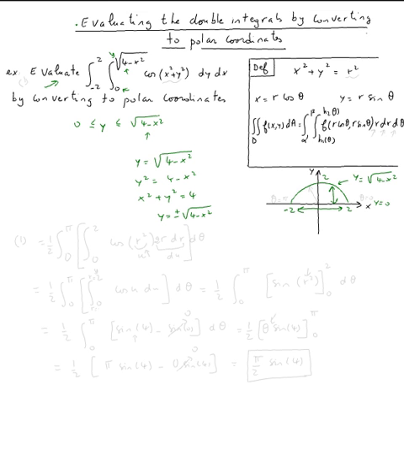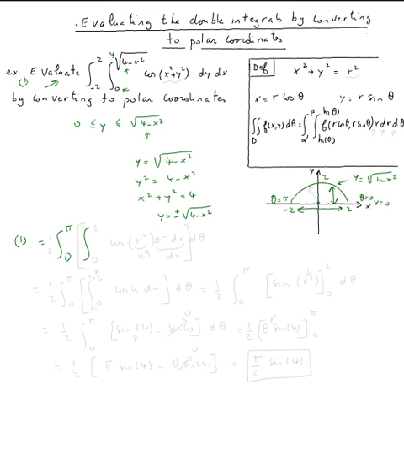So how do we do the problem? Let's call this problem 1. Here theta will be equal to 0, and here theta will be equal to pi. So my theta goes from 0 to pi.